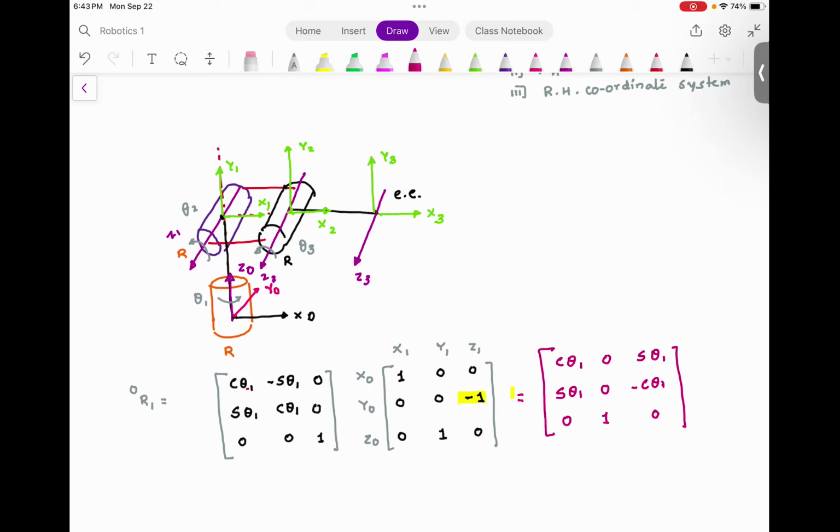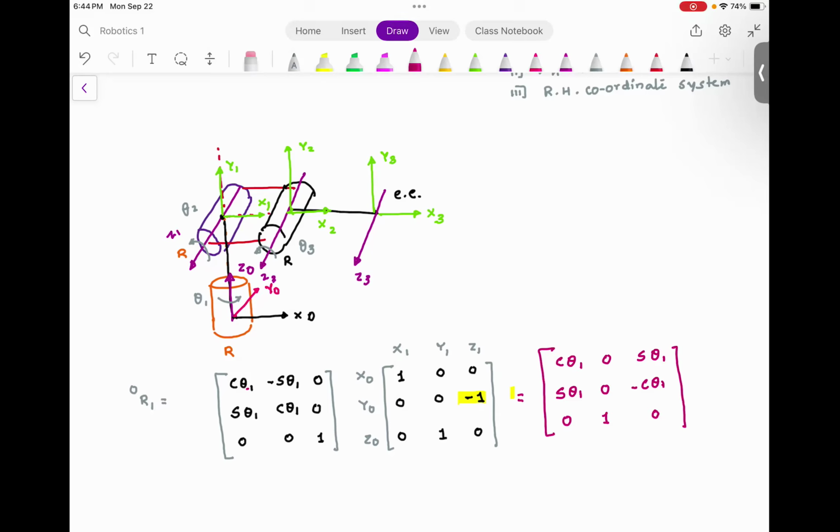Rotation matrix. If you find the determinant of the rotation matrix, can you see it is one? Remember the formula for determinant? It indicates that the rotation matrix is an orthonormal matrix. How do you know it's an orthonormal matrix?